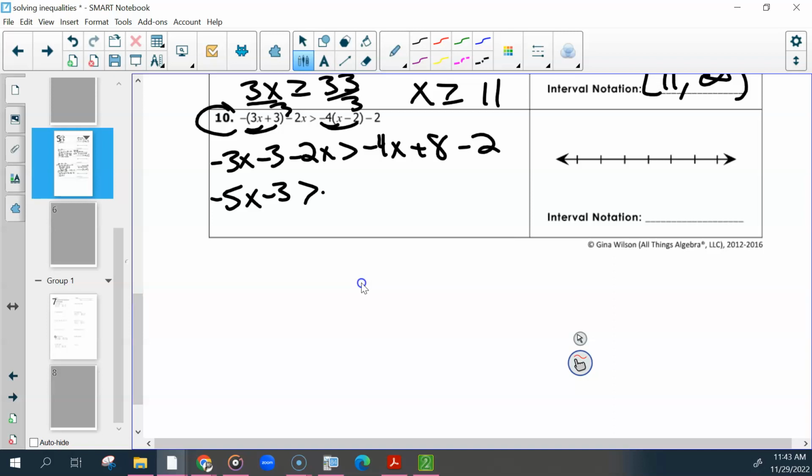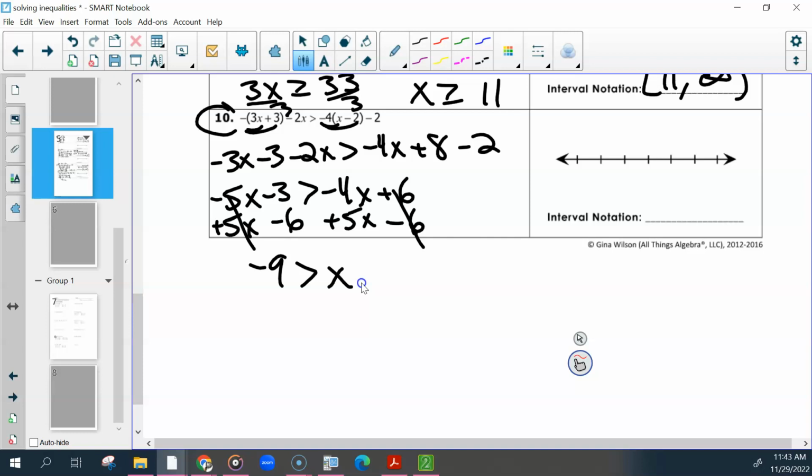Okay, and then negative 4x plus 6. And then pick and choose what you want to move. So let's say I want to move my 5x over. That may not be what you choose to do, and that's okay. And then by default, that would move my 6 over. So we have negative 9 is greater than x.